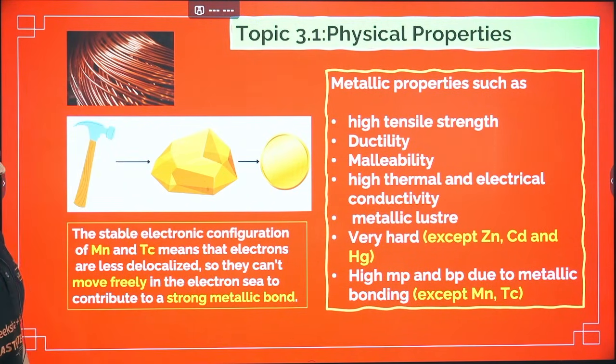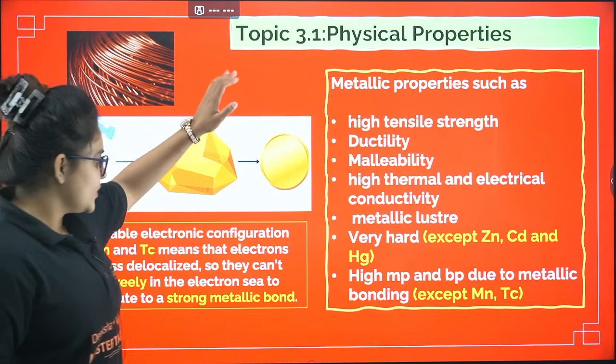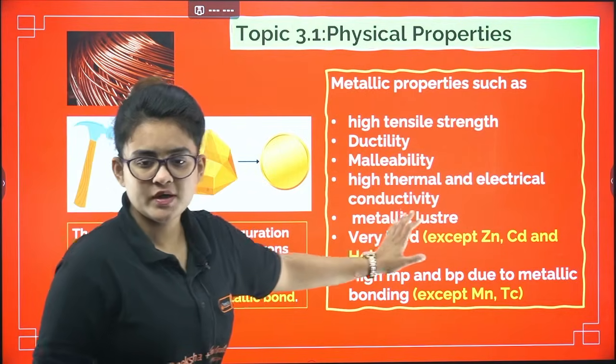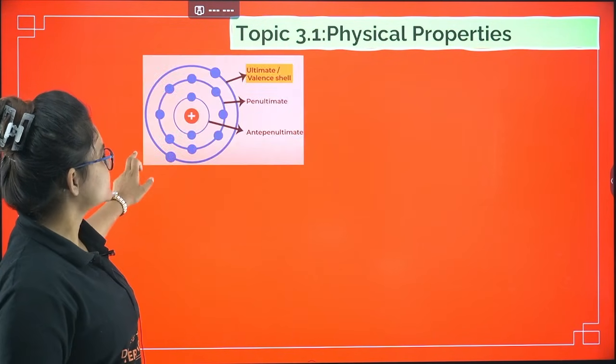The stable electronic configuration of manganese and technetium means that the electrons are less delocalized, so they can't move freely in the electron sea to contribute to a metallic bond. This is for the manganese and technetium cases, but in the rest of the cases you can see strong metallic bonds.